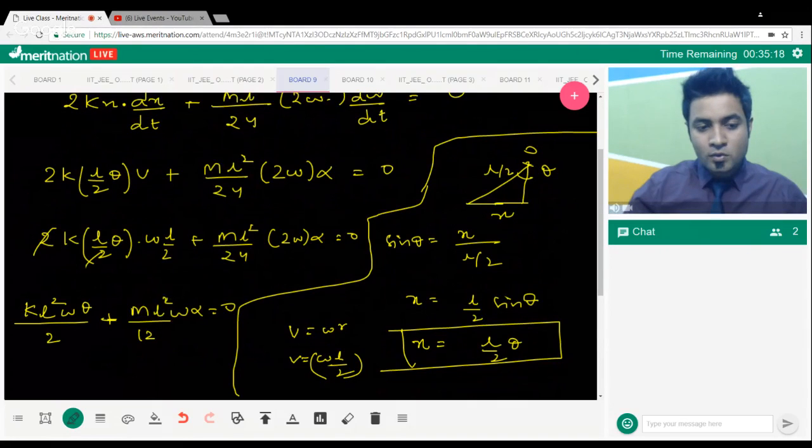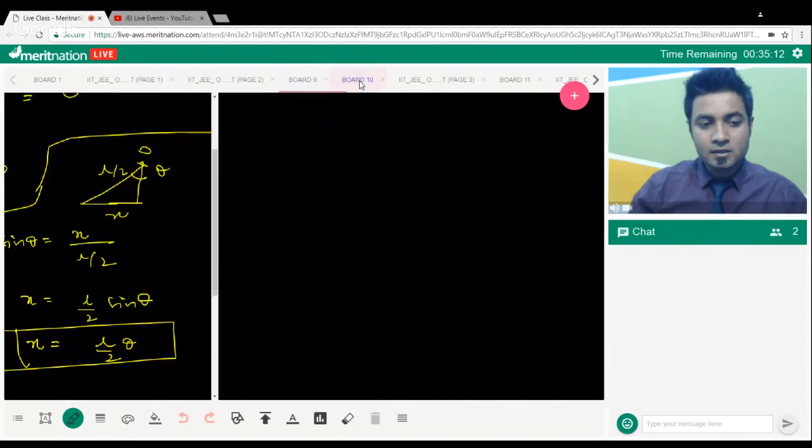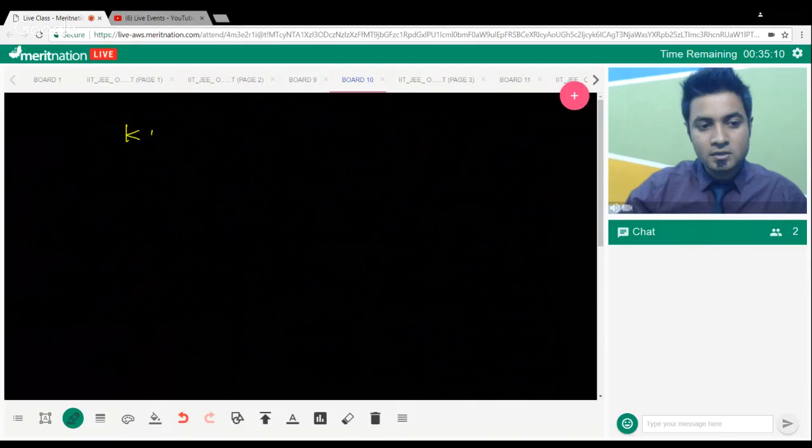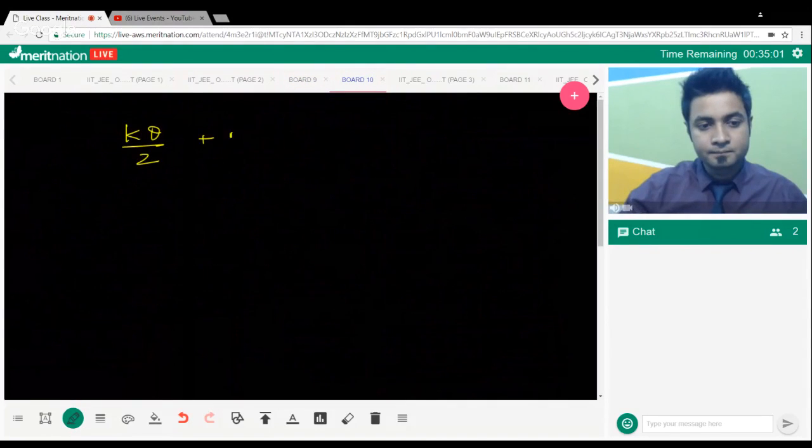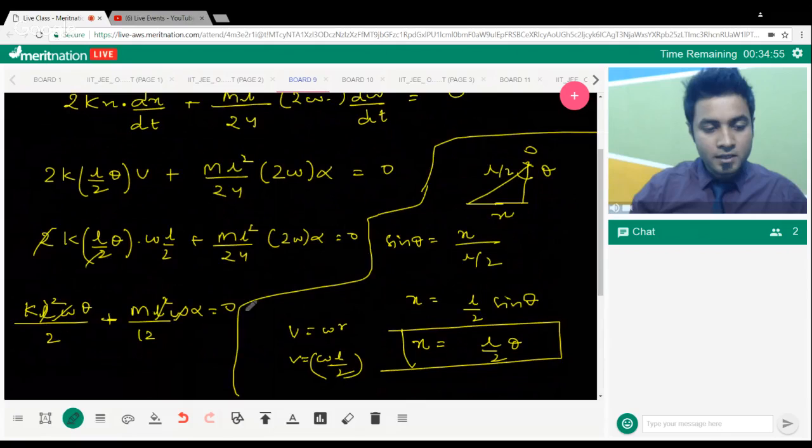So l² and ω are constants, the common terms, so we can just remove them. The remaining terms are k theta upon 2 and m alpha upon 12.